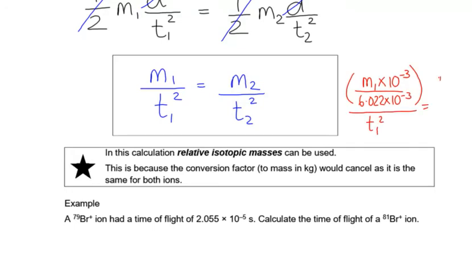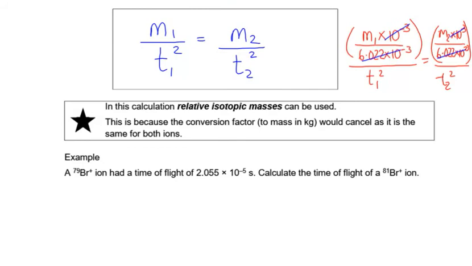And we do that to mass 2 as well, times 10 to the minus 3, divided by Avogadro's, divided by t2 squared. What you can see is that the Avogadro's bit cancels and the conversion bit cancels. So you could just bang in the isotopic masses and you will get the right answer. So in this calculation, you can just use relative isotopic mass.